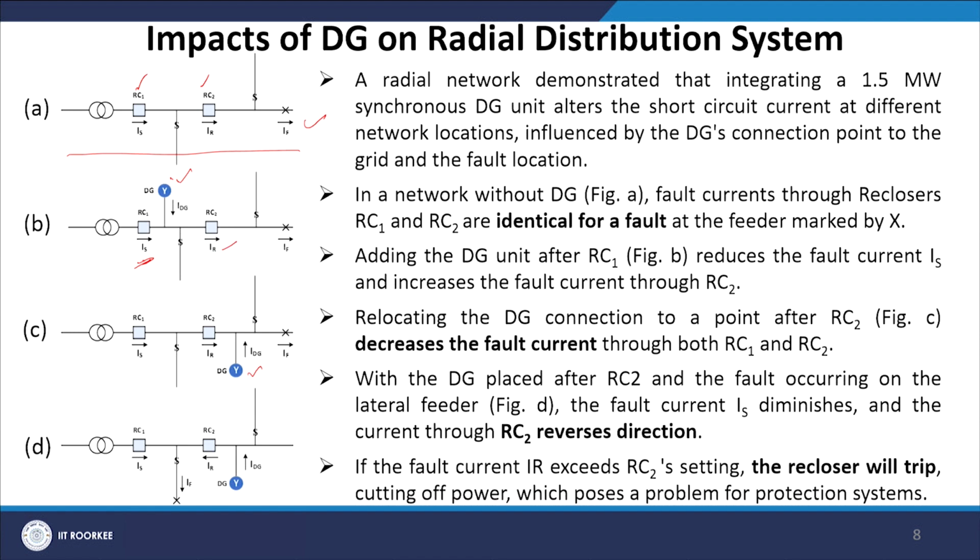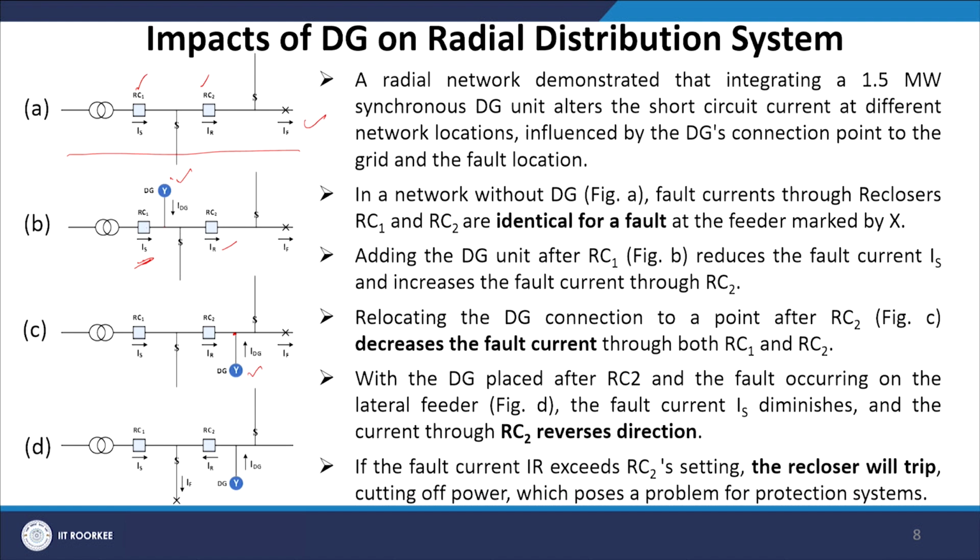Now, if you relocate the DG connection to a point after RC2 instead of after RC1, which is shown in figure C, it decreases the fault current through both RC1 as well as RC2.